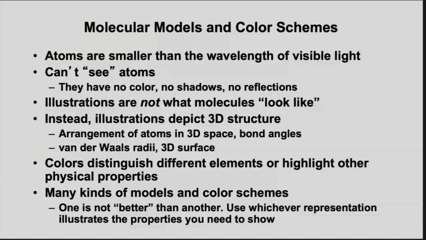And if we look at the van der Waals radii of the individual atoms in a molecule, it can give us a sense for the shape of the overall 3D surface of that molecule.